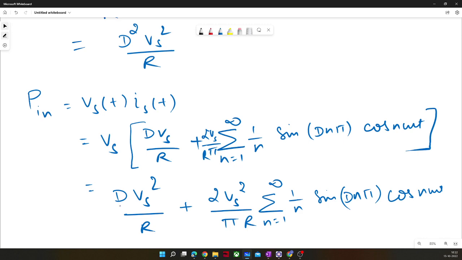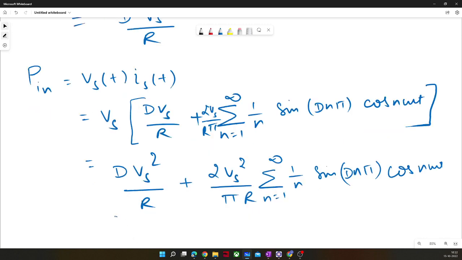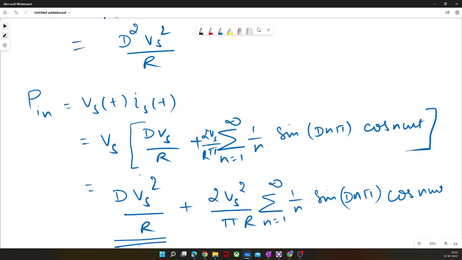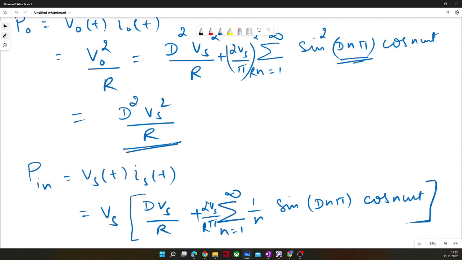So your input average power would be this dVs square by R, and your output average power is d square Vs square by R. So generally we consider an ideal buck or ideal DC to DC converter where we say input power is equal to output power, but that is not the scenario generally. And this power would be generally lost in the harmonic component.